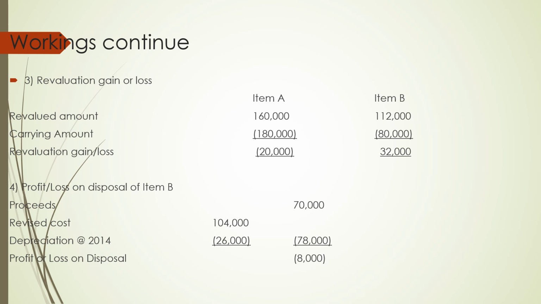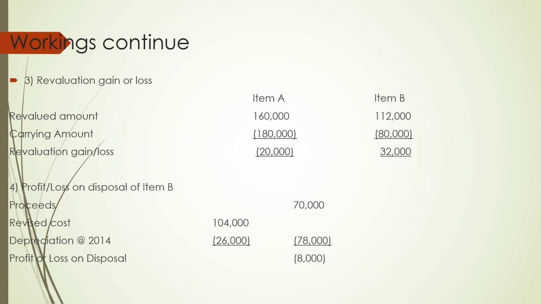Okay. Now, I told you earlier that whenever we are introduced to revaluation, we should know that it will become necessary for us to calculate either a revaluation gain or a revaluation loss as a result of the revaluation that may have taken place. So for item A, we know that it was revalued at 160,000 and item B was revalued at 112,000. Remember what we said in our previous discussion on revaluation gain or loss.